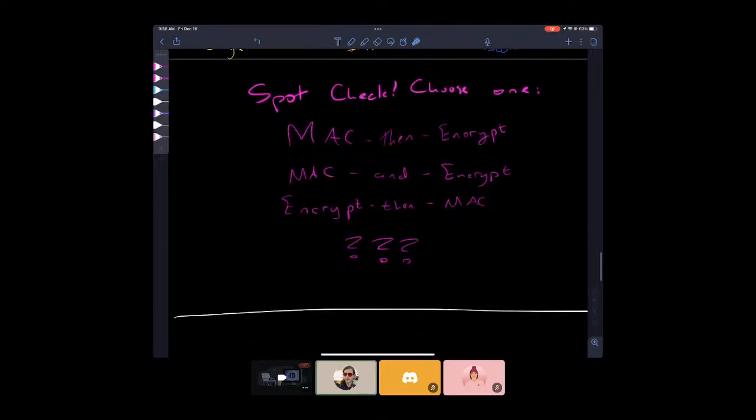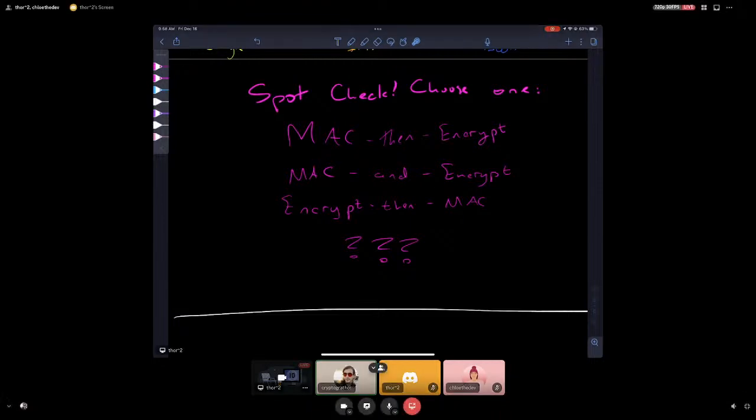And just one last question before we switch over to discussing some of the homework is a quick spot check. So this was one of the homework questions. The question is: authenticate then encrypt, authenticate and encrypt, or encrypt then MAC, or encrypt then authenticate.